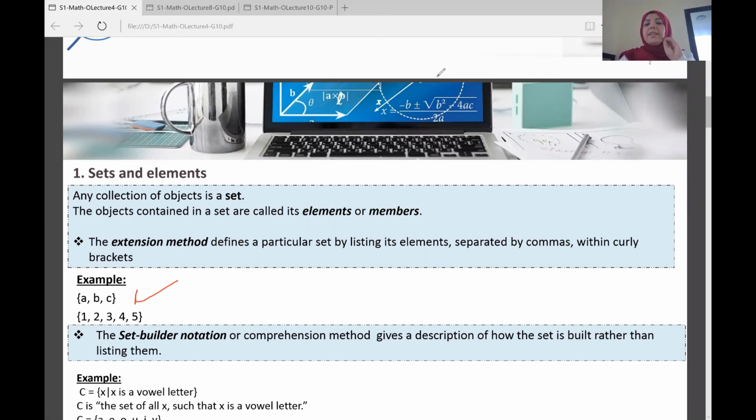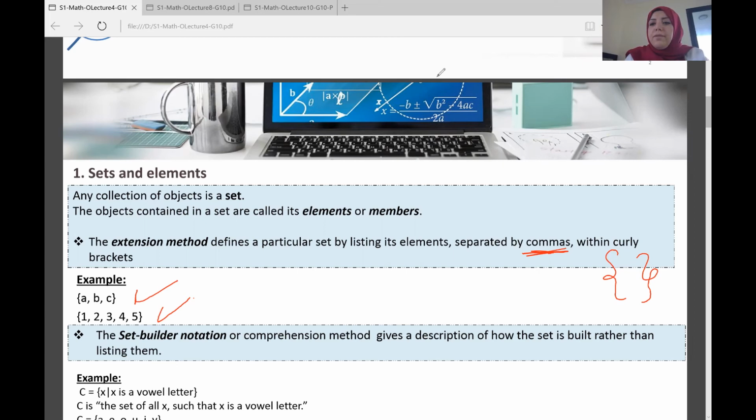So this set contains the elements A, B, C. And this set also contains the elements 1, 2, 3, 4, and 5. As you can see, we have the elements separated by commas within curly brackets. So every time you see these curly brackets, this means that this is a set.